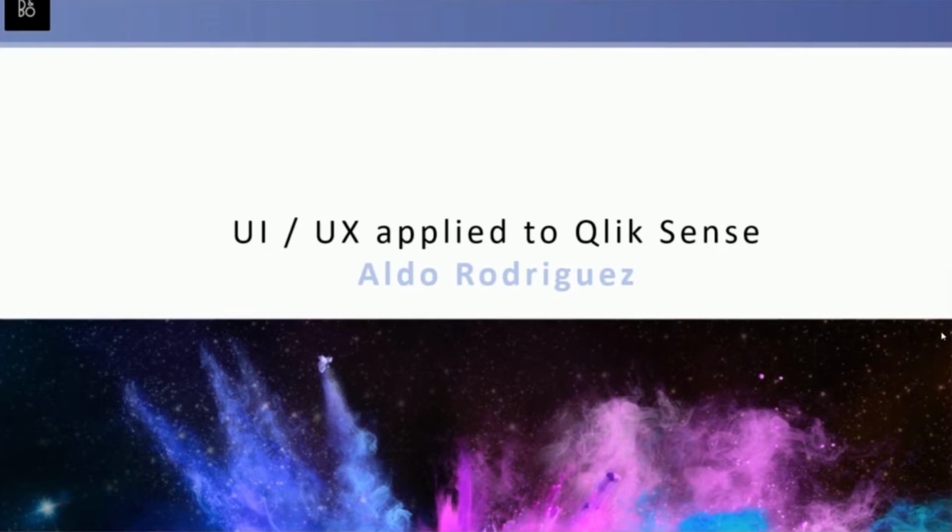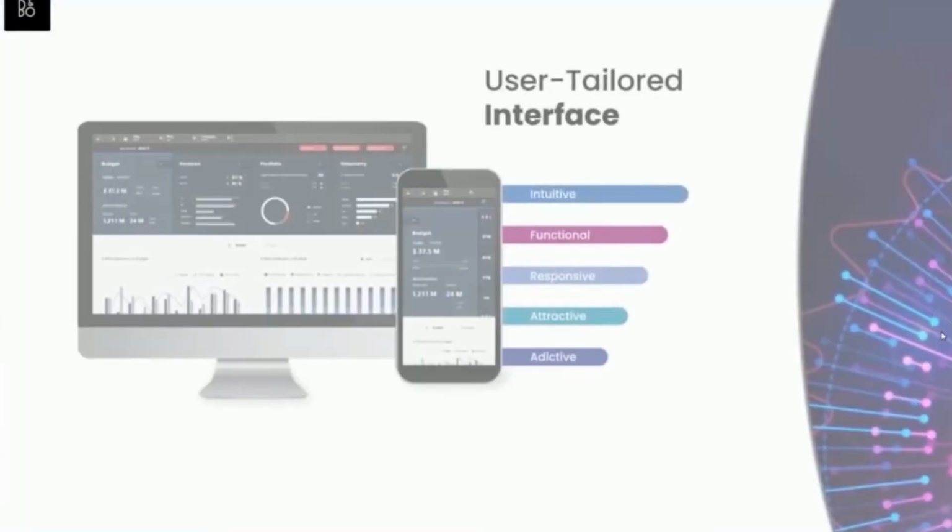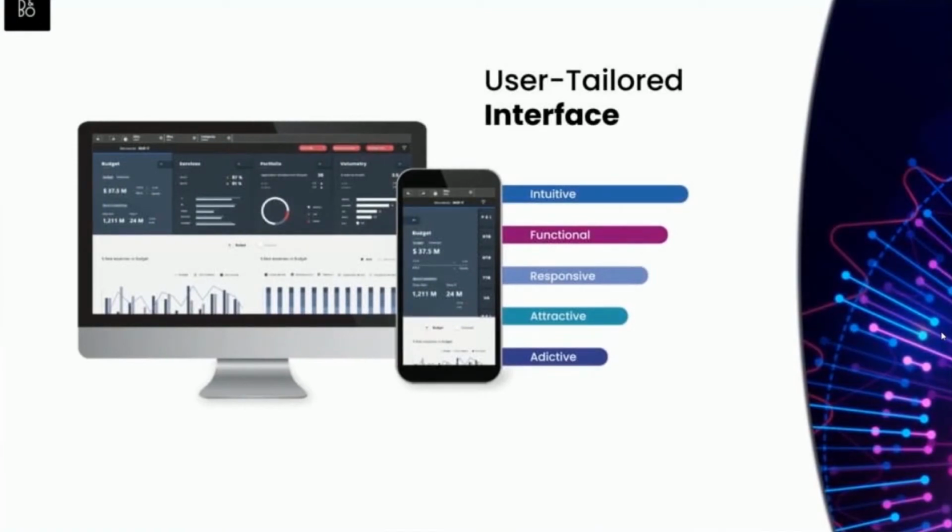Well, how does the UX and UI process intervene in the design of a mashup? Well, we will start by showing the final mashup, and then we will explain the process that led us to this final result.